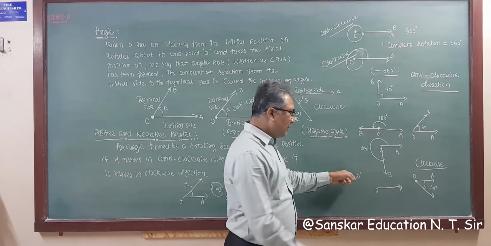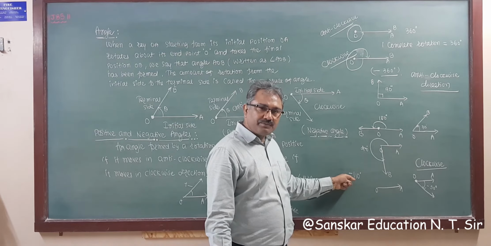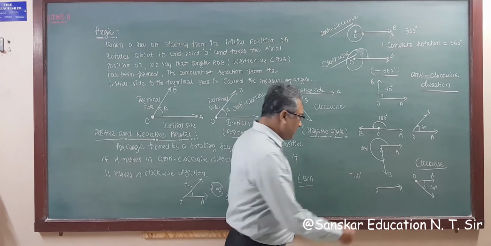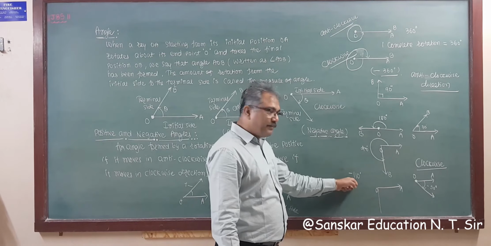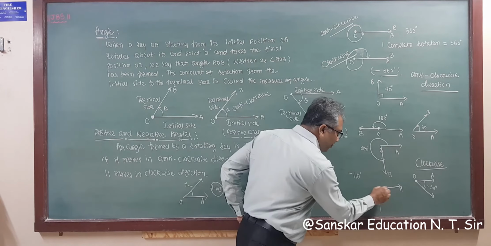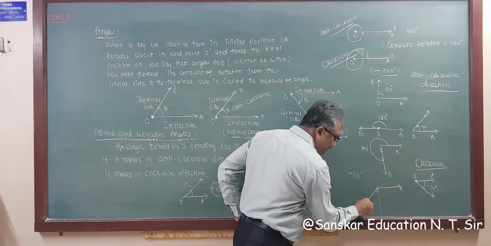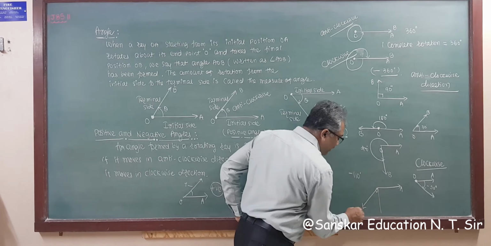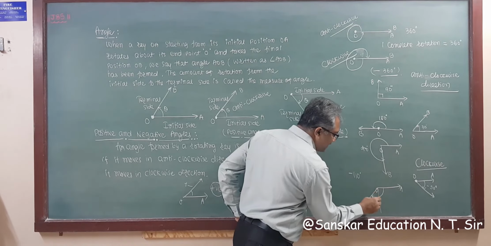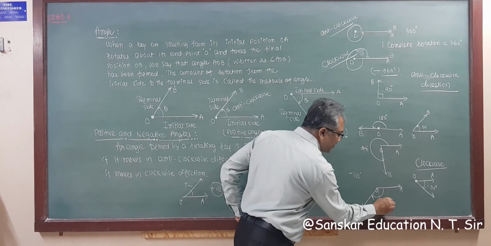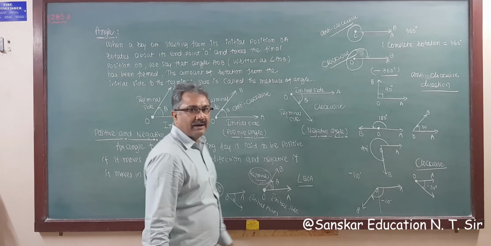So you have to go in clockwise direction. Now you know this is your 90 angle. So 90 plus 20, you have to move up to here, right? This is OB, the terminal side. So this angle is of minus 110 degree, right?